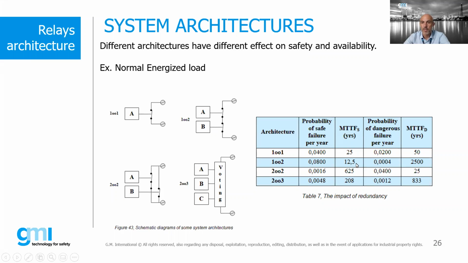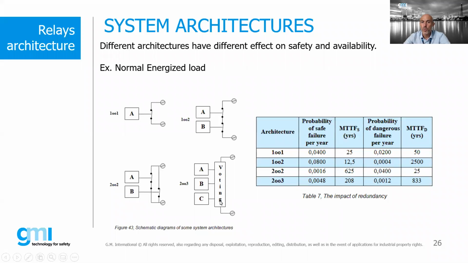It's not nice when your customers are calling you because you got one failure on your system. If I'm using the architecture 2 out of 2, I increase the availability a lot, very good, but I decrease safety a lot. So this is not a good configuration for normally energized.